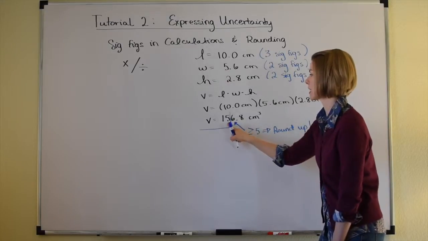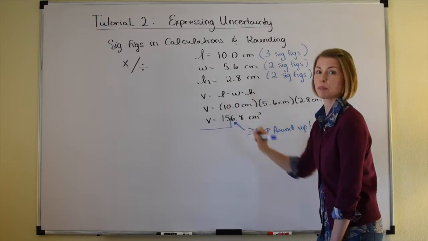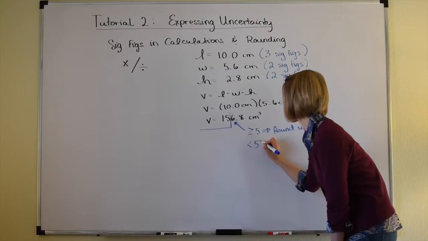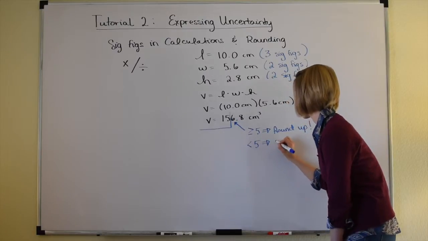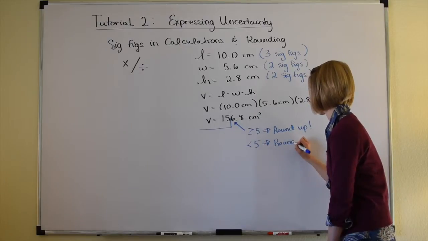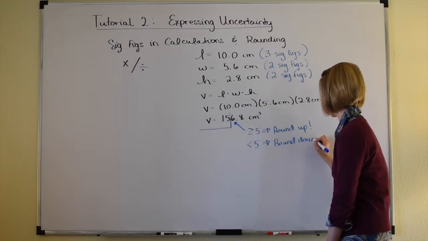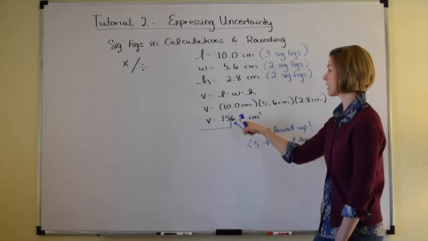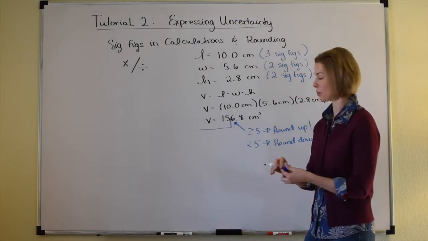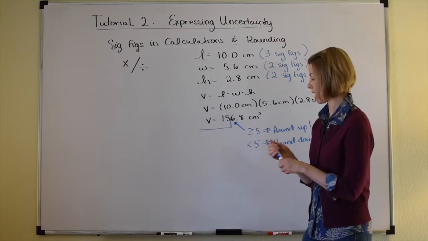So I'm going to round this 5 up. If that number were less than 5, then I would round down. Okay, but we already said it's greater than 5, it's a 6, and so we're going to be rounding this 5 up to a 6.